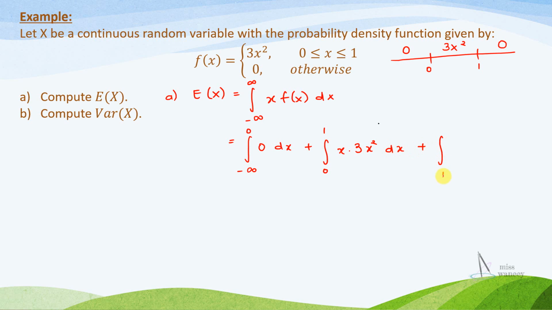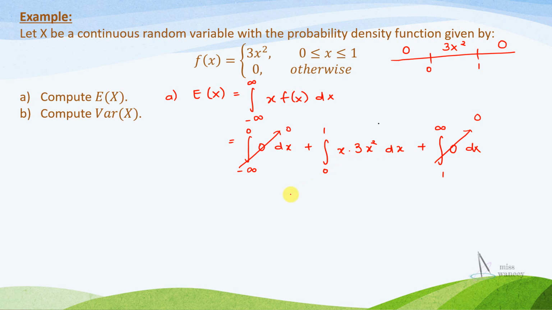Plus from 1 up until positive infinity, again the function is 0, so 0 multiplied with x is simply 0 dx. So the first and last integrals are 0. Therefore, we should integrate the middle part.